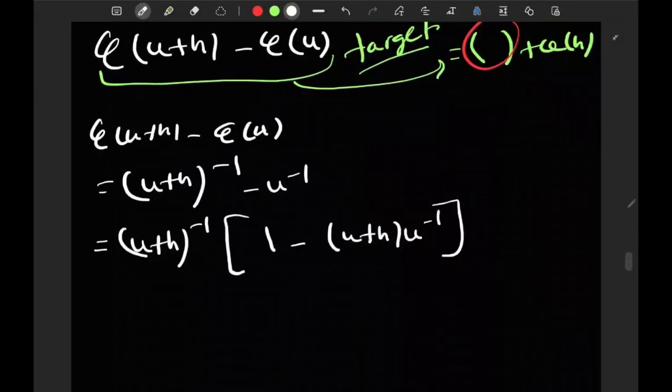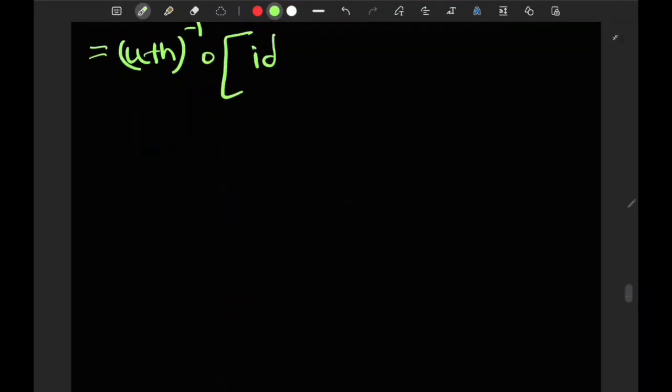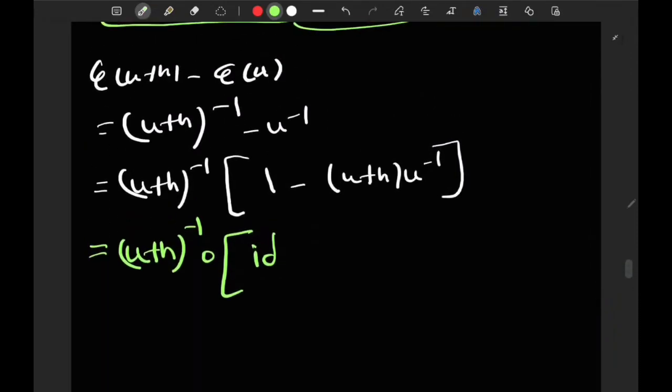If I want to write things super carefully, this is (u+h) inverse composed with the identity map, where the one here is compatible with these maps.